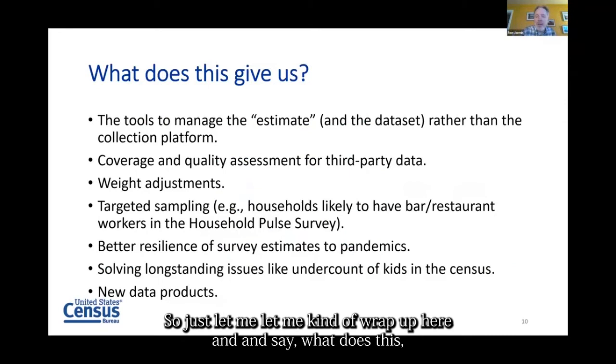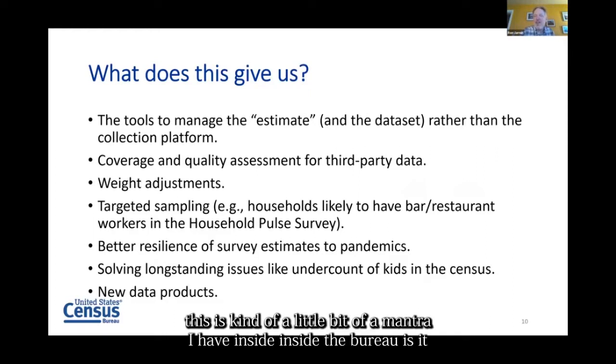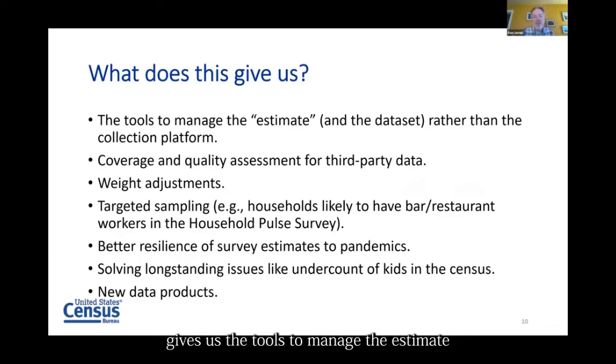So let me wrap up here and say, what does this give us? The first thing, and this is a bit of a mantra I have inside the Bureau, is it gives us the tools to manage the estimate as opposed to the data collection platform.